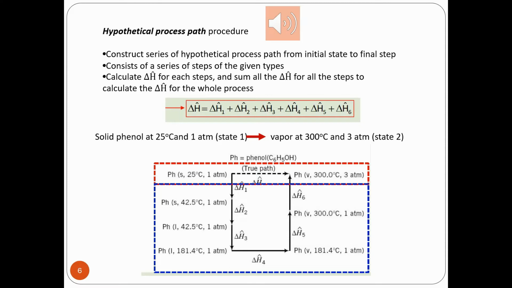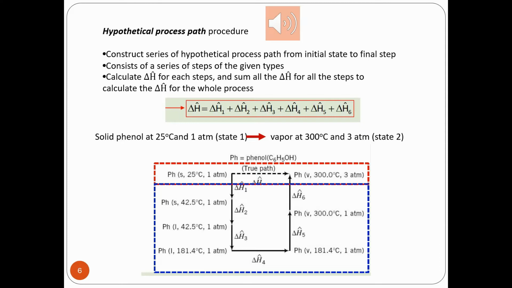In the figure below, it shows an example where you want to find the change of enthalpy for solid phenol at 25 degrees Celsius and 1 atm. This is our initial state, and it is converted to vapor at 300 degrees Celsius and 3 atm. This is our final state.